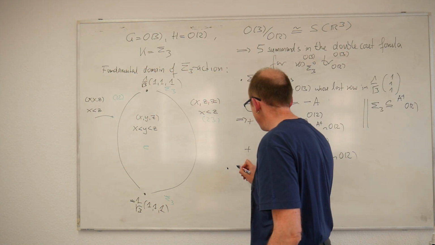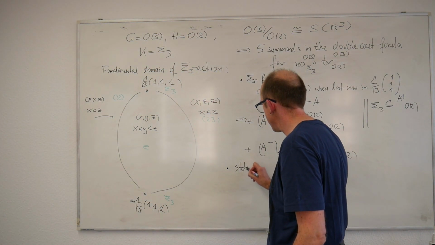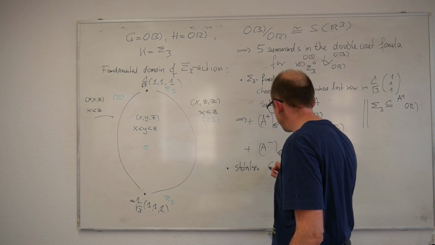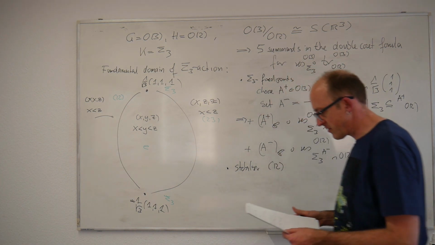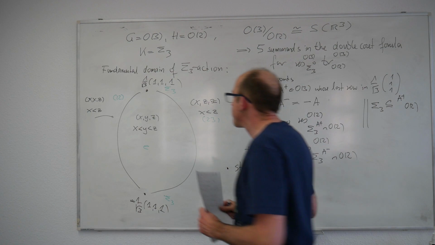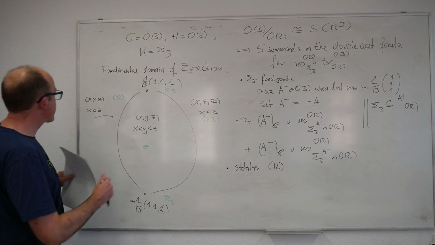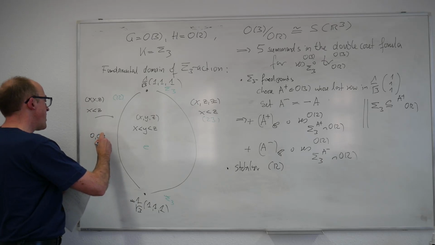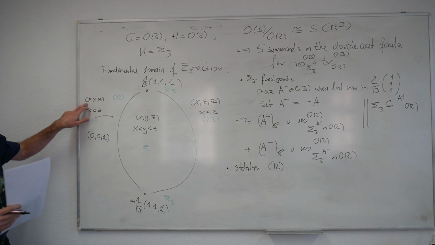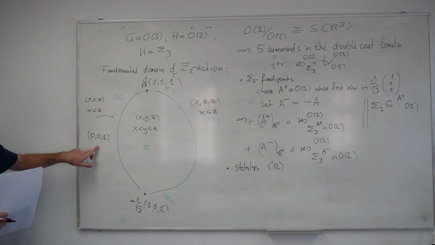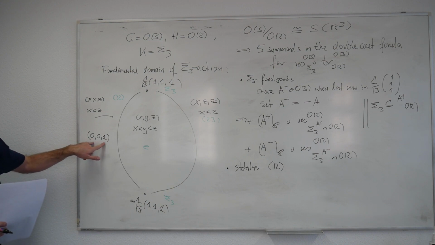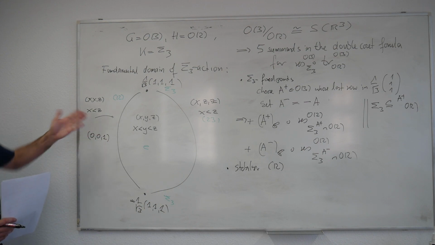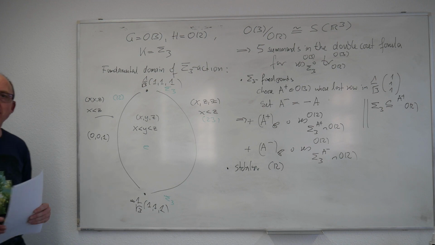So these are where the stabilizer is 1, 2, or in its conjugacy class. So if we want to calculate this, here's a nice element 0, 0, 1, which is of the form x, x, z with x less than z. So if we want a matrix that has this as its last row, we'll have to sort of turn it upside down. The identity matrix does the job.